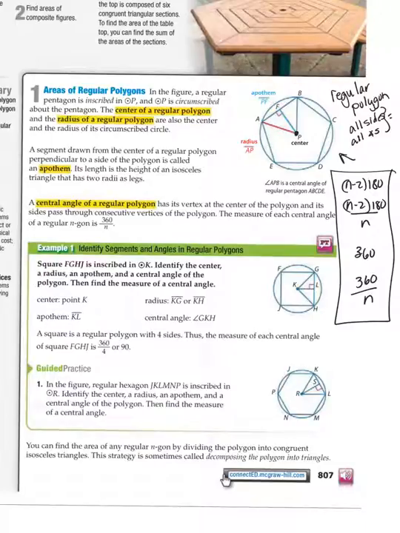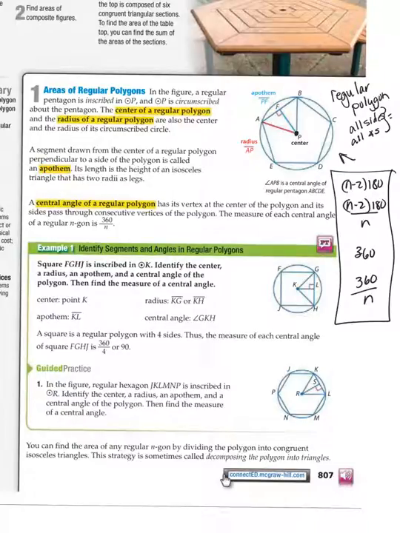Okay, now, a segment drawn from the center of a regular polygon perpendicular to a side of the polygon is called an apothem. Let me take that away.